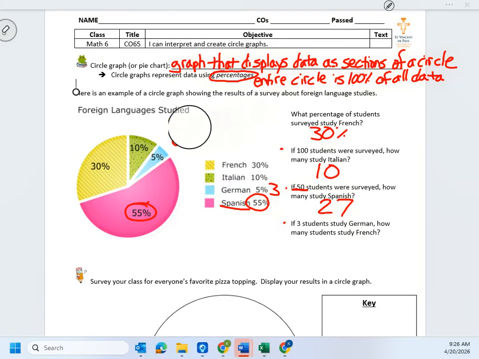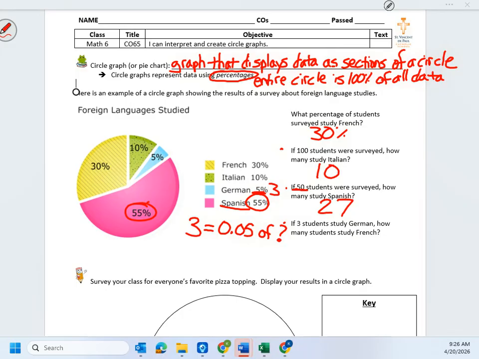So here, we would do 3 students equals our percentage of German, which is 5%, of, we don't know how many that total is.